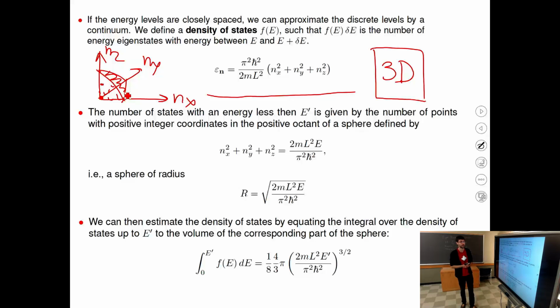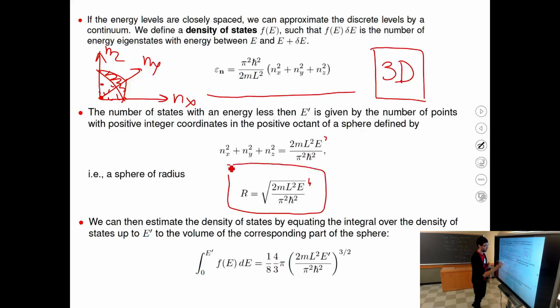And so if we say all the states below some value E prime are occupied, then the radius of this sphere in the space of n will be given by this. This will be the radius of this sphere of occupied states. All the states outside with larger n in at least one of the directions are empty, and all the ones below are occupied.